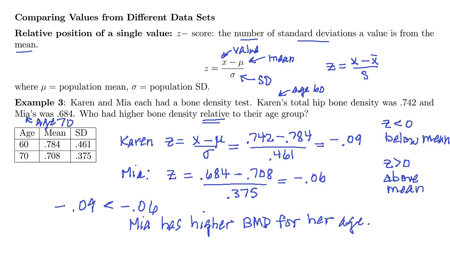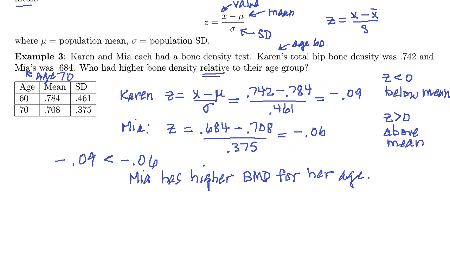Now, to kind of get a picture of what this is telling us, we've got a mound-shaped distribution. So the bone mass density scores will be a mound-shaped distribution like this. The mean will be in the middle. So that is mu, and that corresponds to a z-score of 0.